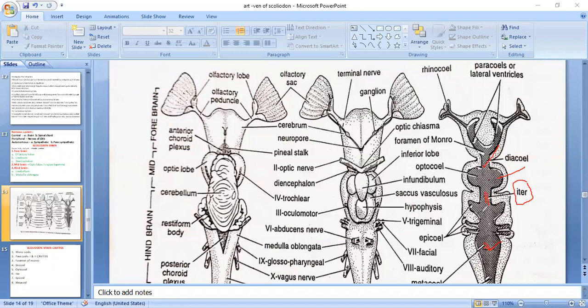The cavity present in the cerebellum, along with these two lateral cavities, is known as the epicoel.